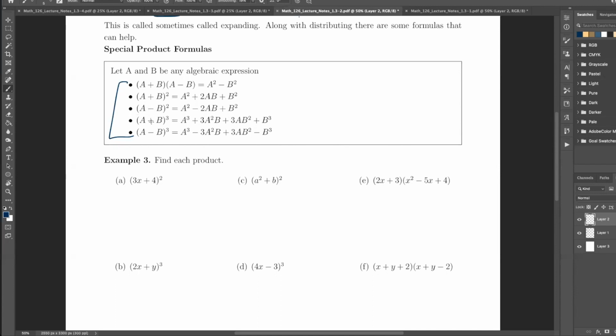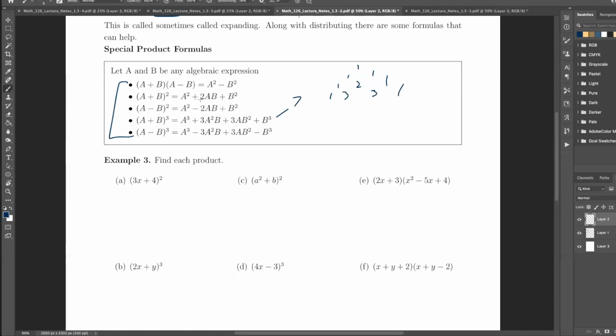Here we have the negative version, and then here, a plus b cubed. So here it'll be plus, plus, plus with 3's here. A minus, and then here it'd be minus, plus, minus. And this all comes from Pascal's triangle, which is one way of visualizing this.